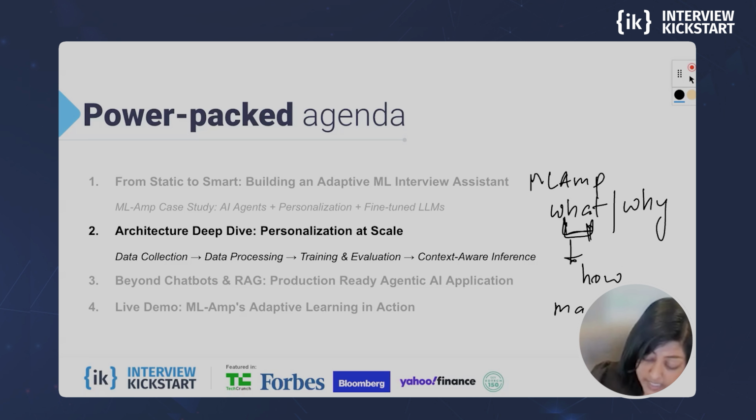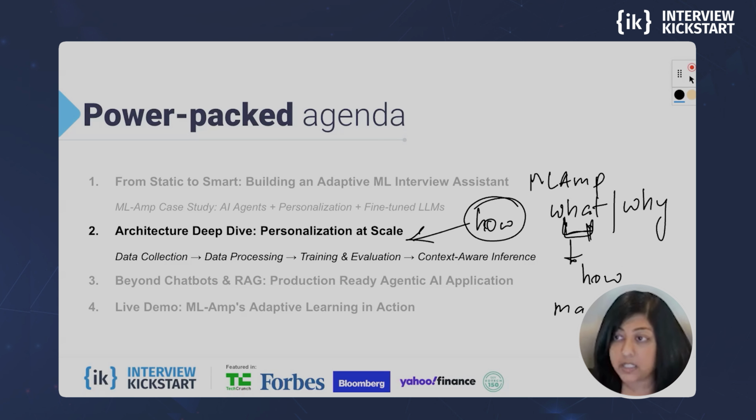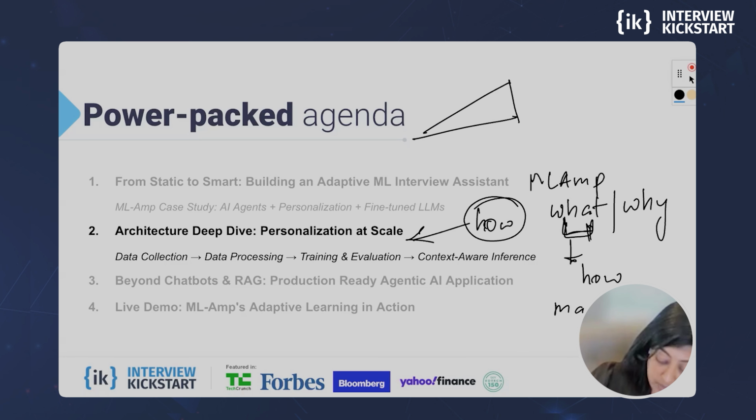Okay, so now let's get a little more into the how, and this is from an architectural perspective. I'm sharing this how from an architecture standpoint mainly because when we think about engineering any ML application, it is the three layers, the three triangles, that you have to keep in mind.